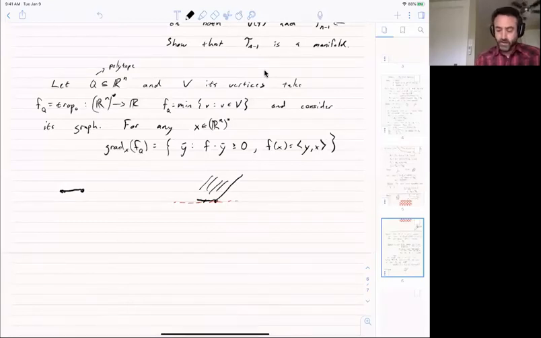Similarly, if I'm on this side, the only function that supports it will be this. But if I'm at the origin, everything's taking 0 to 0, so any linear function that sits between these two will be in the gradient of this function at 0. So it's a set of linear functions.